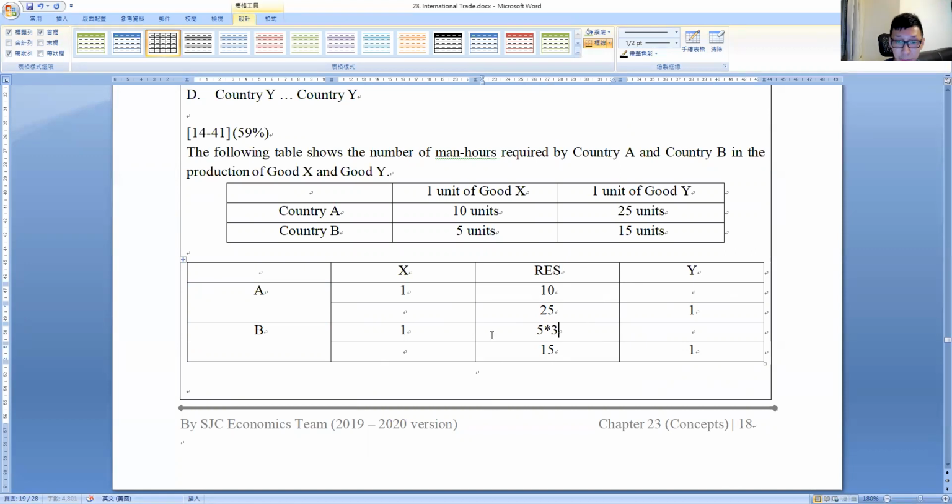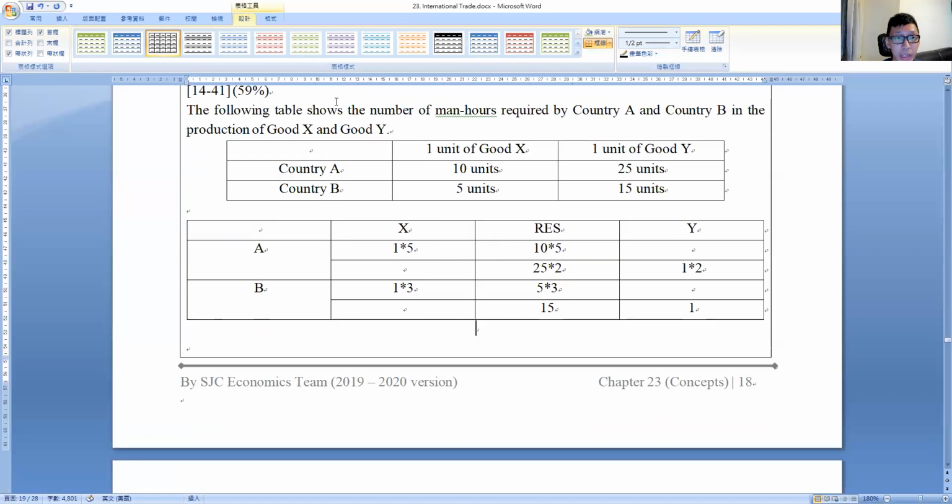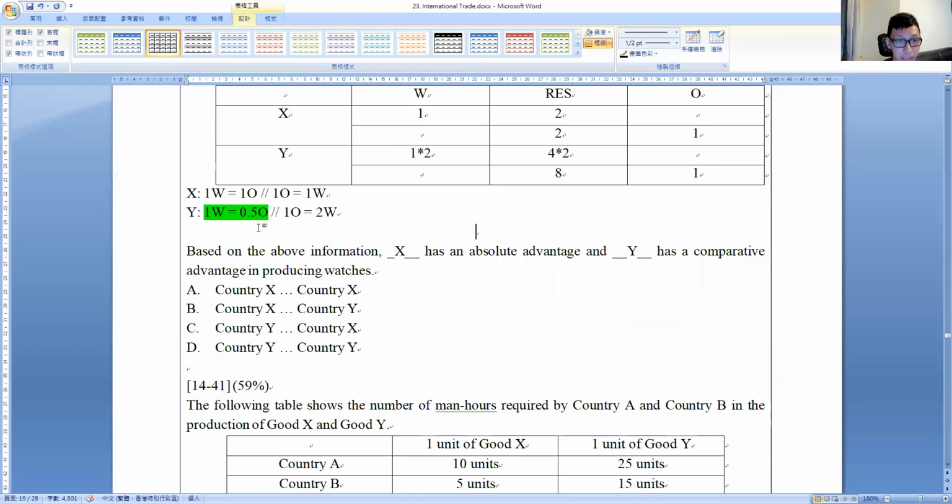Now let's look at B first. Equalize them, times 3. Now this time, how do we equalize? Actually, this one times 2, and this one times 5. And that would give us something like this.